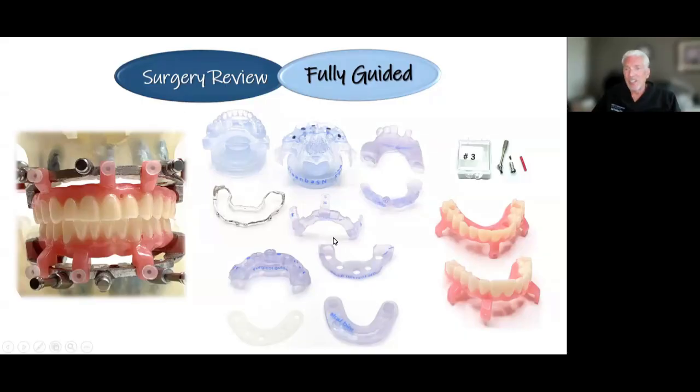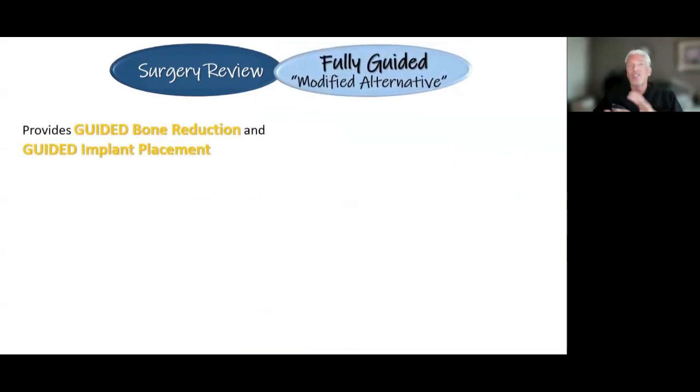You have bone foundation guides, guides that help you place the implants, and provisional prostheses that are prefabricated already. Even sometimes, at least with some systems, ours included, the components and abutments have already been prepped and pre-selected if need be. That's the fully guided system.